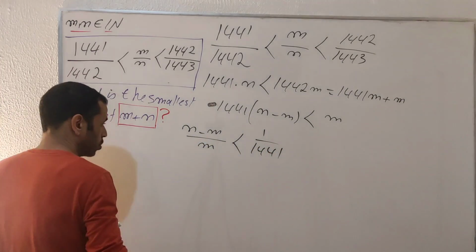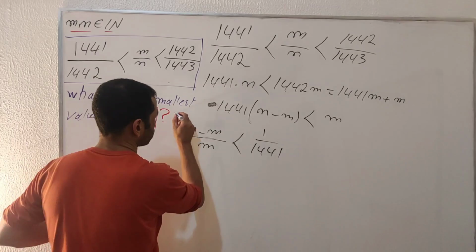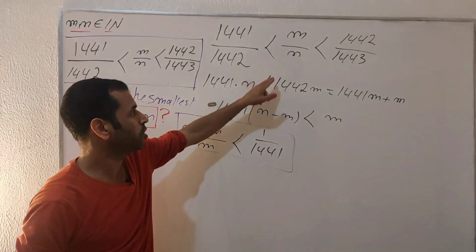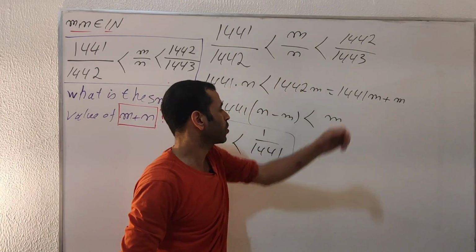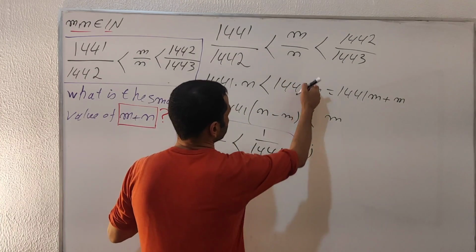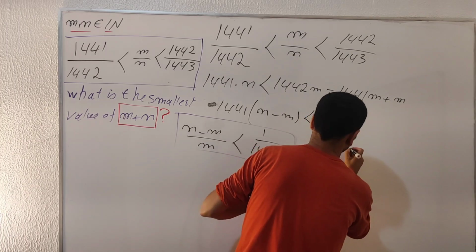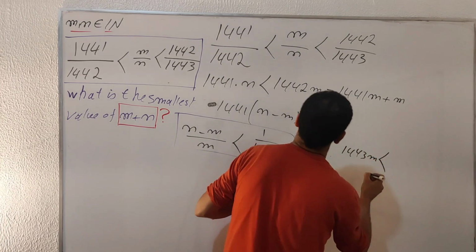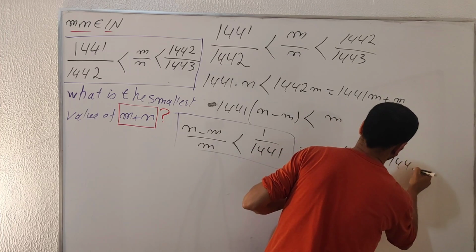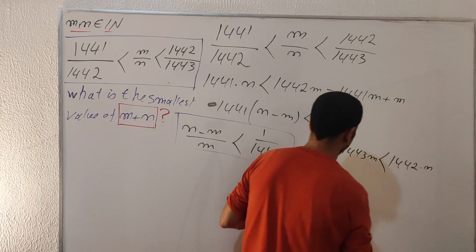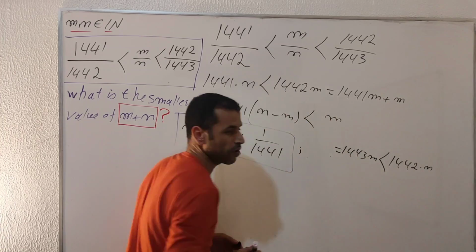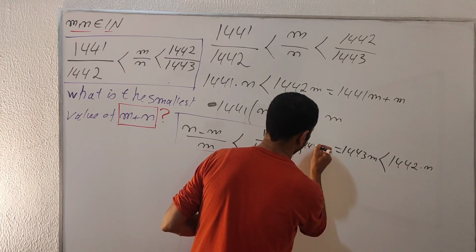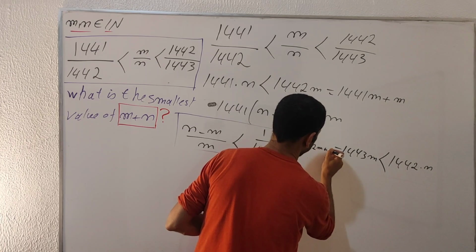So here is the first inequality. I wrote this one as a result of the left-hand side of this inequality. Continuing, I'm going to work on the right-hand side of this inequality. I'm going to do the same job. I get 1443 m is strictly inferior to 1442 multiplied by n. I'm going to do the same thing on the left-hand side of this inequality by writing this 1443 as 1442 m plus m.